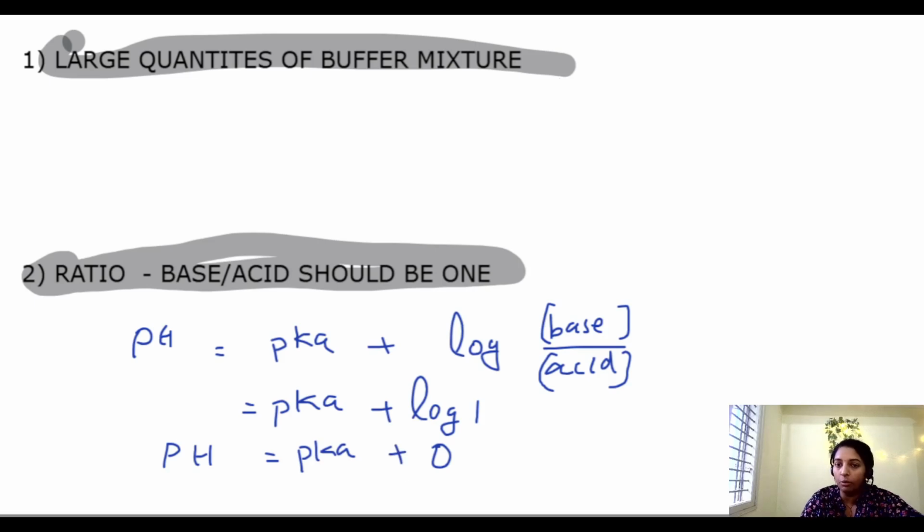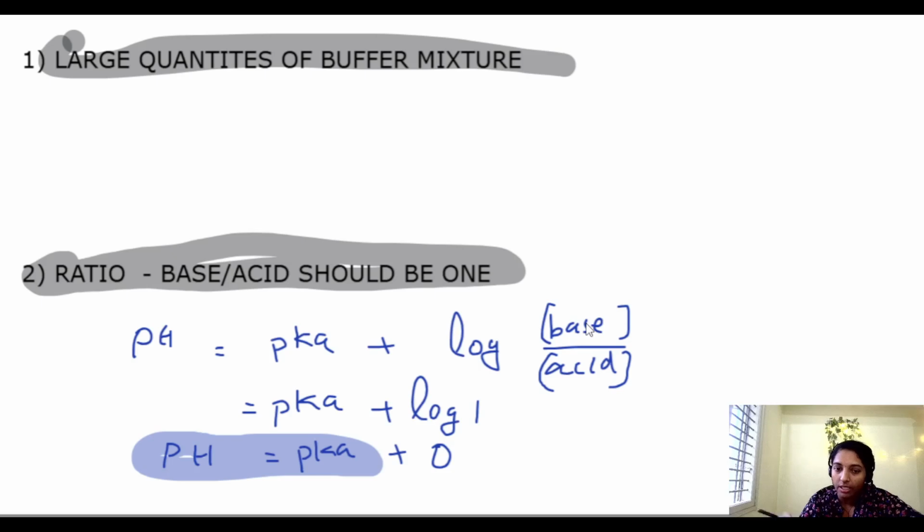So that will not change because pKa is always a constant. So at that time pH also does not change, right? So that's our purpose. The purpose of a buffer is that pH should not change. So that's why whenever we are taking the buffer, initially we have to start with an equal amount of base and acid.